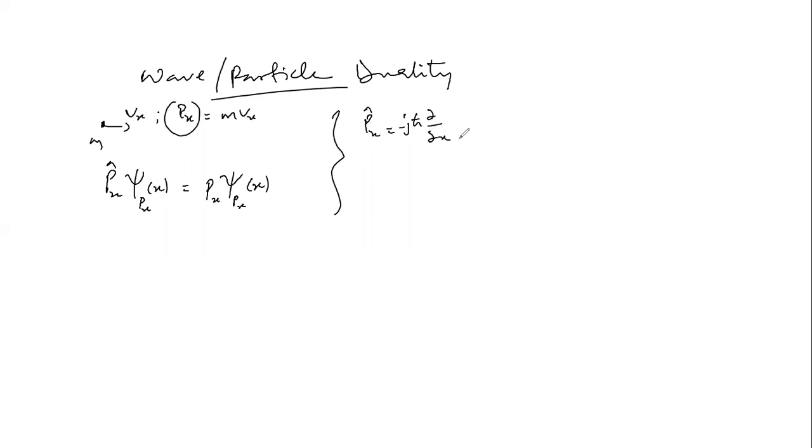With this, we can resolve this by replacing the momentum operator: negative j h cross d dx psi p sub x of x is the same as p of x psi p sub x of x.